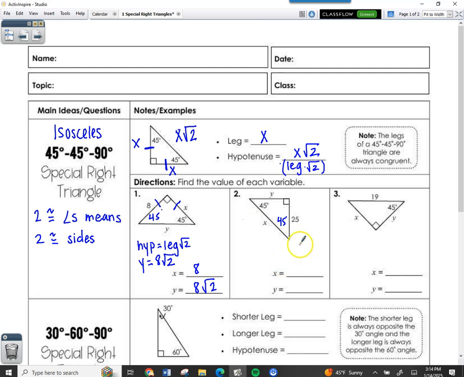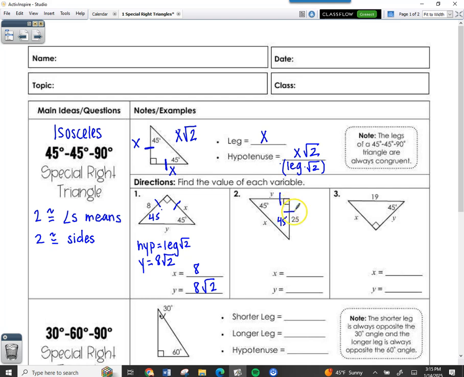So now everybody try number 2. All right, did you get, these are your legs.